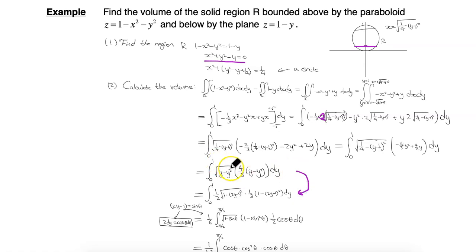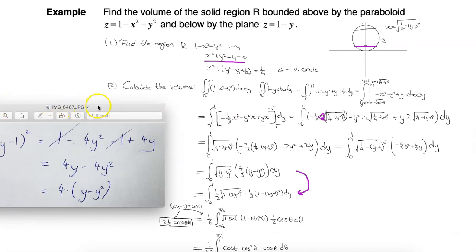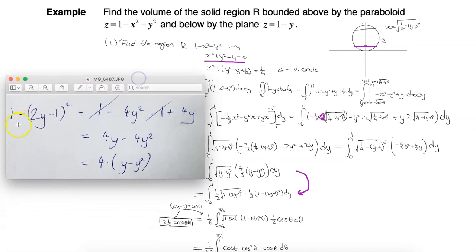How does this y minus y squared become 1 minus (2y minus 1) squared? This is one of the few crazy steps in this exercise. So let's look at it backwards. Rather, 1 minus (2y minus 1) squared.